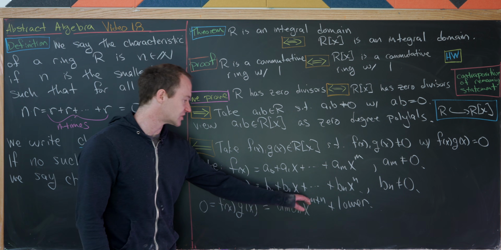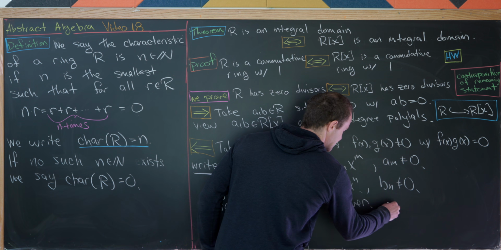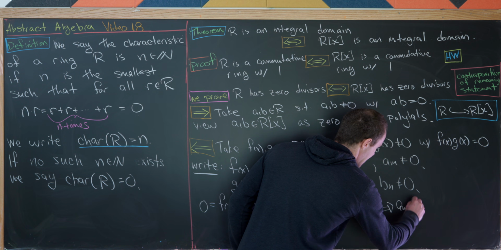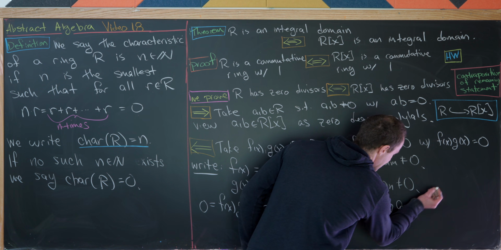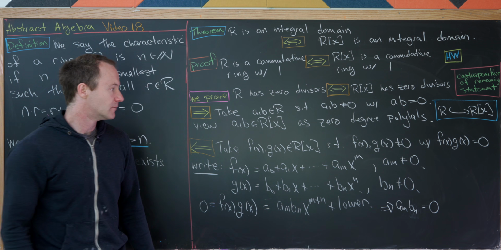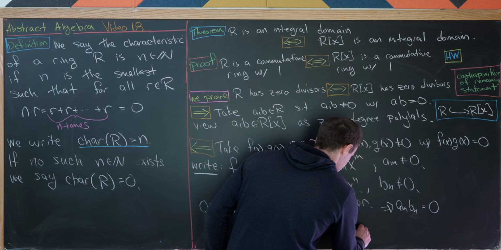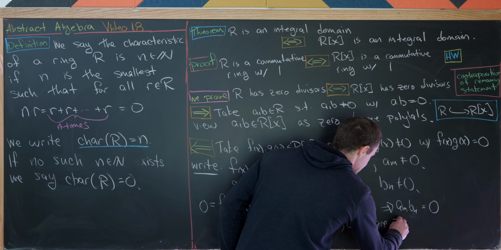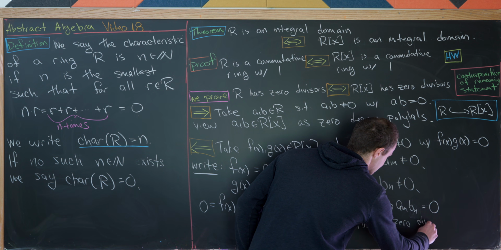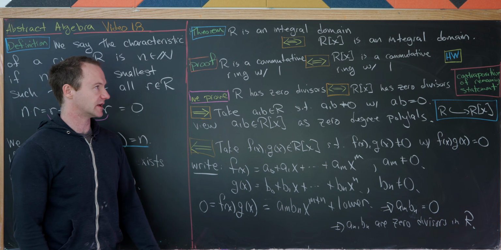But the only coefficient of x to the m plus n is am bn. So that tells us that am times bn is equal to 0. But that means those are our zero divisors. So here we have am, bn are zero divisors in R. But that finishes this argument.